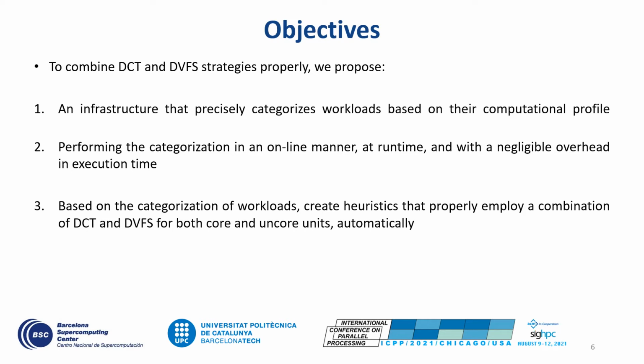And last, based on the information given by the infrastructure and the categorization of workloads, we can then create heuristics that properly employ the combination of both of these techniques for both core and uncore units, and doing this in an automatic way without the aid of programmers.